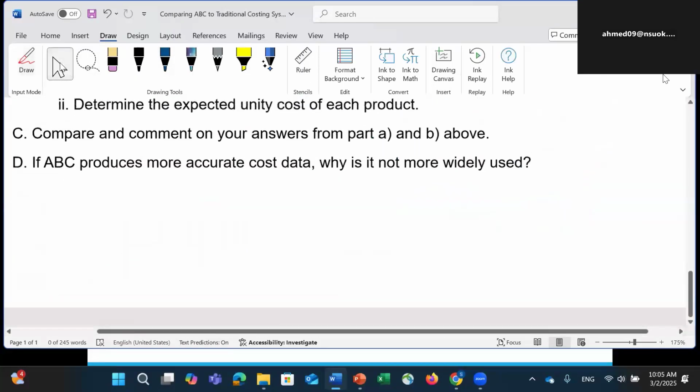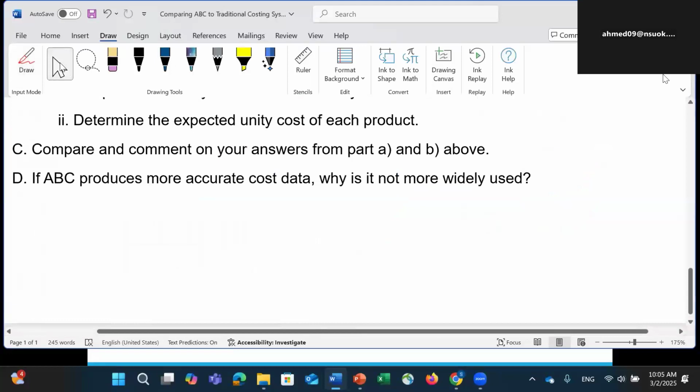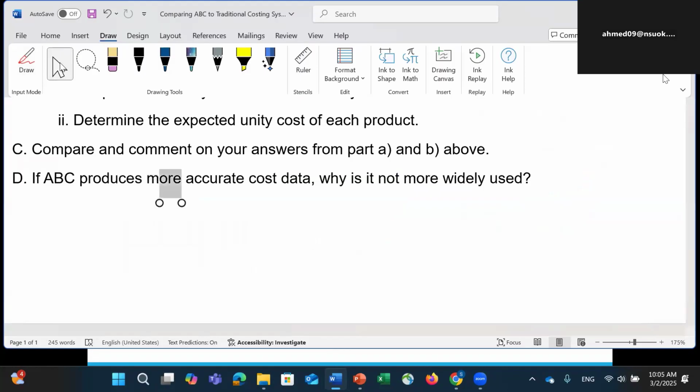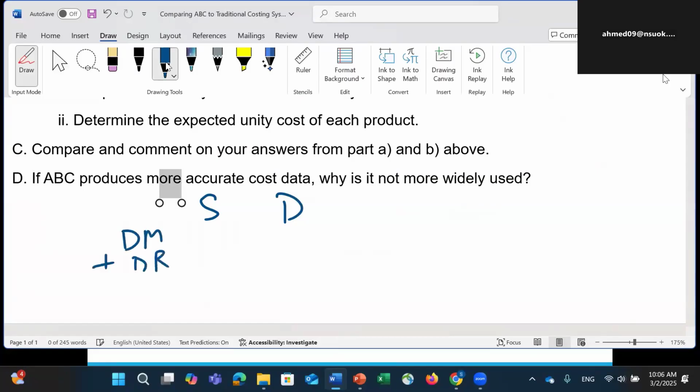Let's see. What we have is the standard and the deluxe: direct material plus direct labor plus manufacturing overhead.